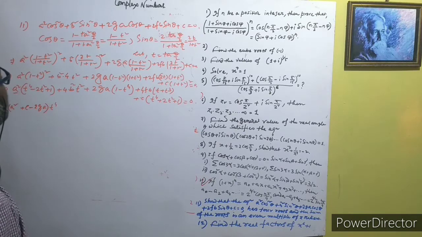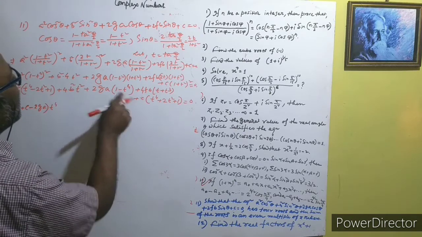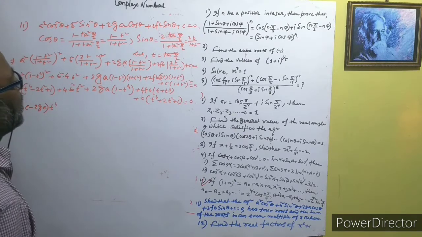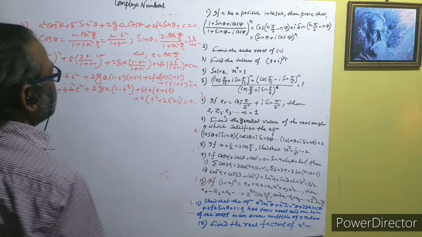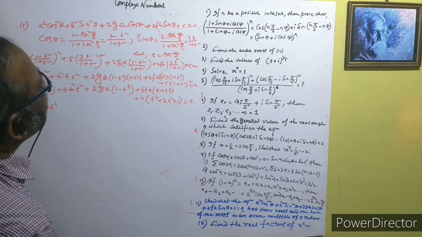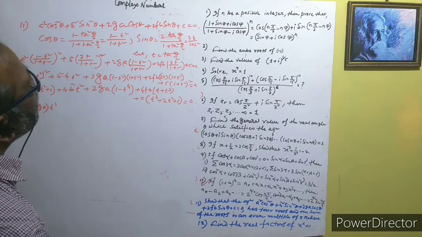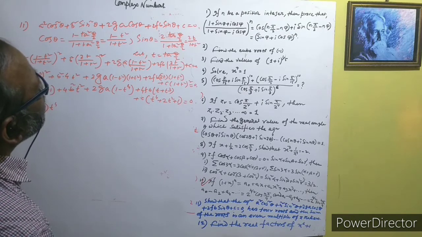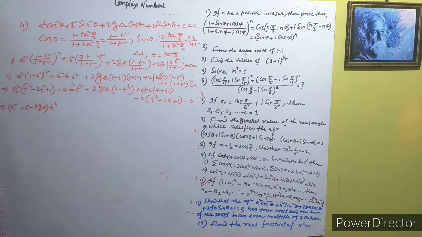Again, this is t to the power 4, and t to the power cube. So t to the power 4, 4b square t square. Okay, this is t to the power 4. This is here 2t into 1t, this is t cube.